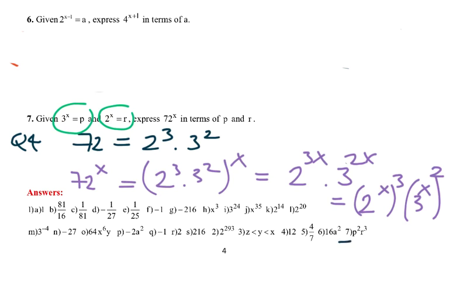We've now got then, what have we got? R cubed and p squared. And there we go.